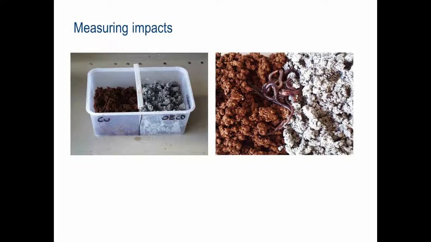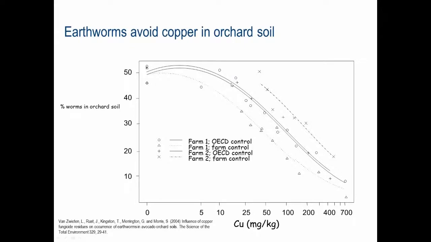Basically, all of these earthworms migrate to the non-contaminated soil. Here we can see where we've done a bit of science, the threshold seems to be around about 50 parts per million. So if you've got copper in your soil at about 50 parts per million or over, those are the kinds of concentrations where you're going to start getting significant avoidance by earthworms. So again, here we've got earthworms as an indicator of biodiversity and soil functionality.